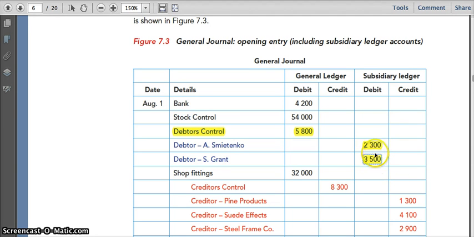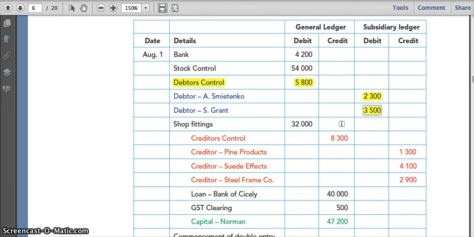Obviously, because it's just a summary of what is actually going to go into the general ledger. And the same here with the creditors control. So you'll notice that if we add those together, they add up to 8,300.